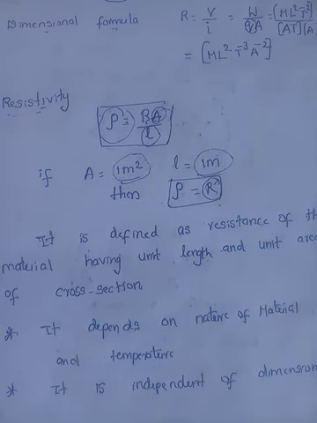So if I change the dimensions, will the property of steel change? No. It is the inherent property of the material which opposes the flow of charges that remains the same, and the resistance will vary with length and area of cross section, but the nature of that material remains the same. So it is independent of dimensions and depends on the nature of the material and temperature.